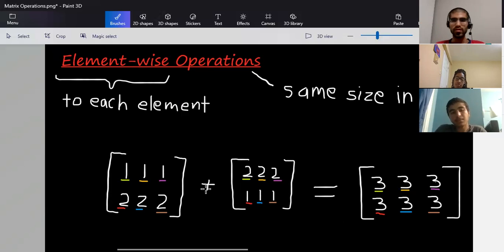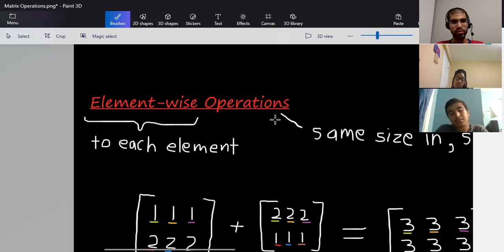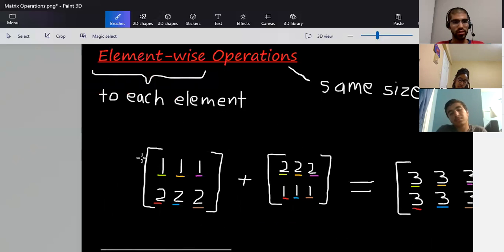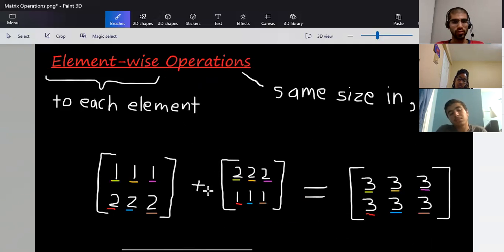So note one thing. When we do element-wise operations, it's the same size in, same size out. By that I mean, if you have a 2 by 3 matrix here, 2 rows by 3 columns, then you have to add it to a 2 by 3 matrix. So both of these have the same dimension. And then the output that you get is again 2 by 3, 2 rows by 3 columns.